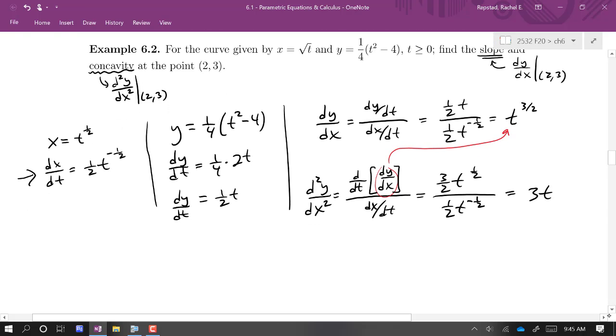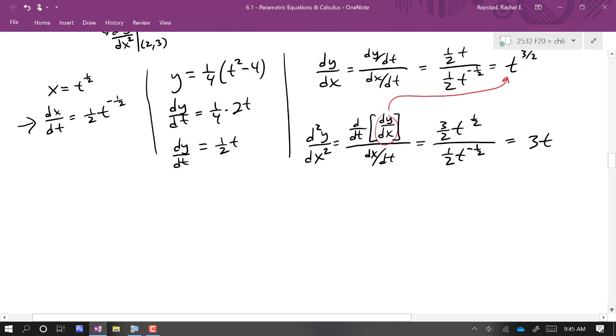So let's see what's going on at the point that we're interested in, the point (2, 3). They gave us the xy coordinates. We need to evaluate dy/dx and the second derivative with respect to x. Those are both functions of t.